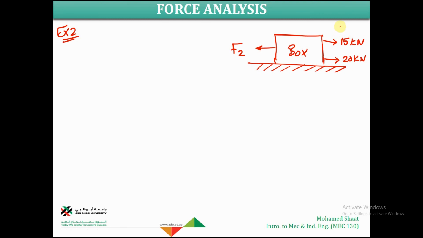This one is F1, and this one is named F3. So these are three forces acting on the box. We know two of them: 15 kilonewton and 20 kilonewton, but for the second force, F2, we have no clue how much it is.